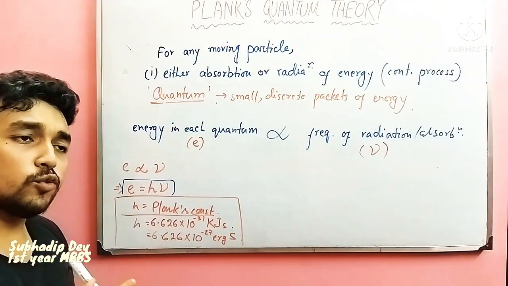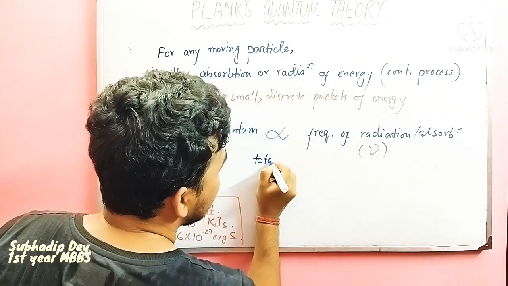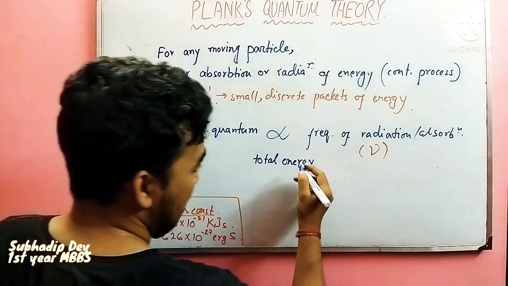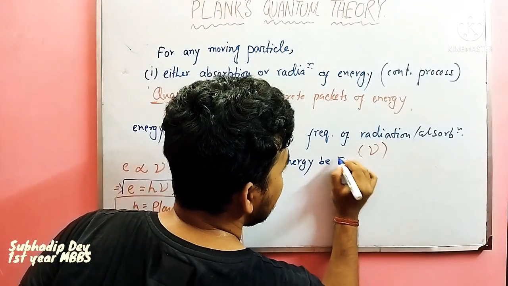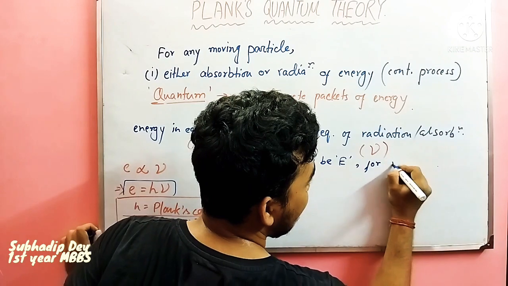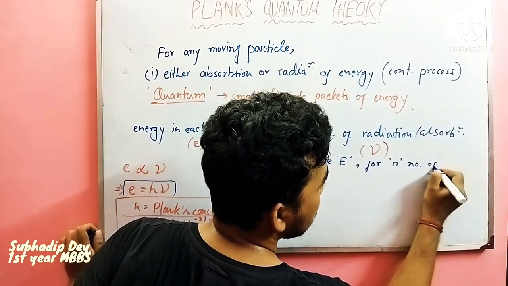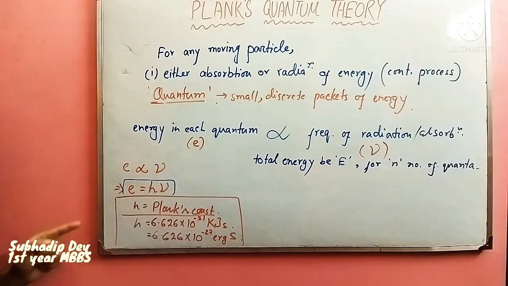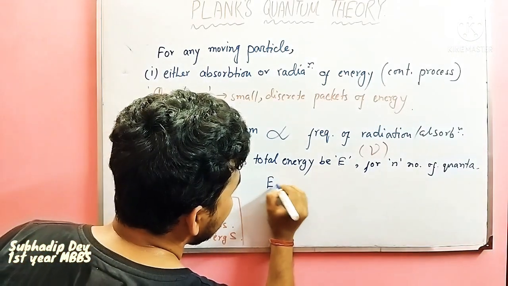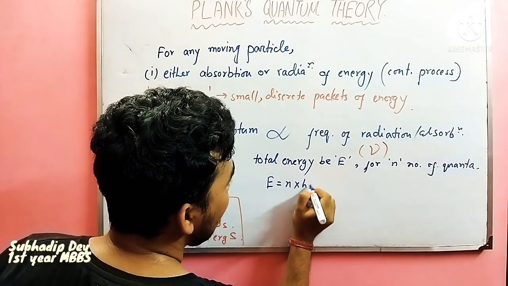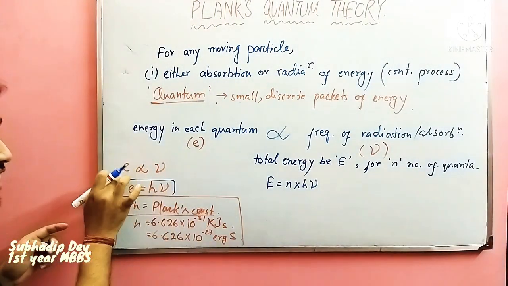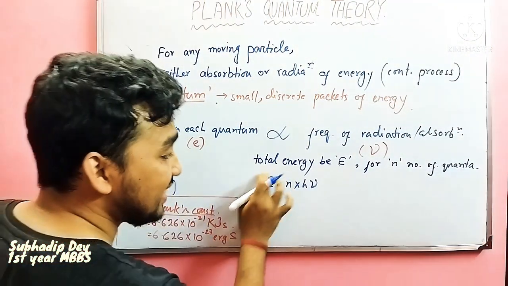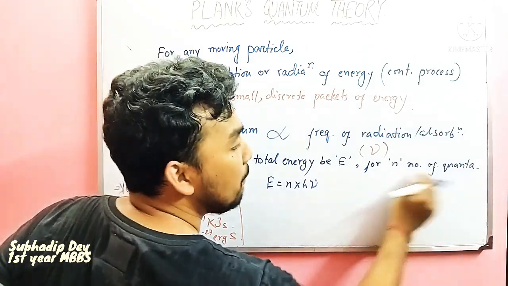Now let us assume that the total energy for a large number of quanta, n number of quanta, be E. According to Planck's concept, E equals n into h nu, because for each quantum E equals h nu, and here we have considered capital E for n number of quanta.